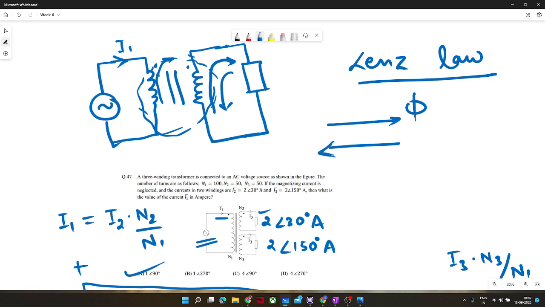So both are generating flux, and there is nothing to absorb the flux, so it will be wasted. So we just denote dots for our convenience only. There are no dots in any physical transformer; you just see connections and windings. Is it fine, Abhishek?